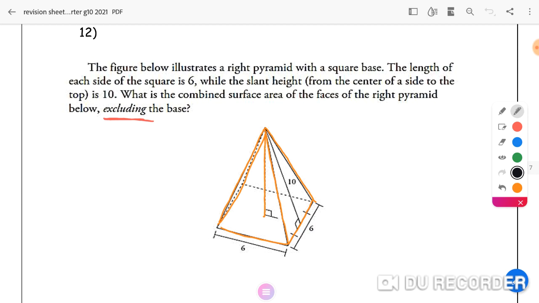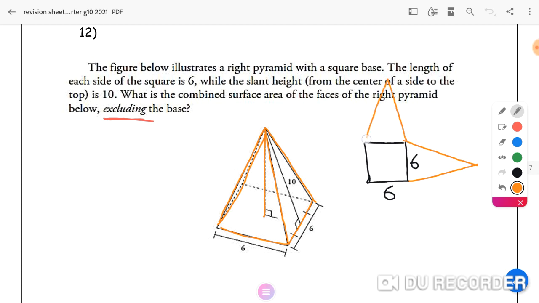Let's cut them out. So let's see what we are going to have. So the base will be like this. This is the base of the pyramid, and it is a square. So the first face, which is a triangle. Okay, and this is the second one.